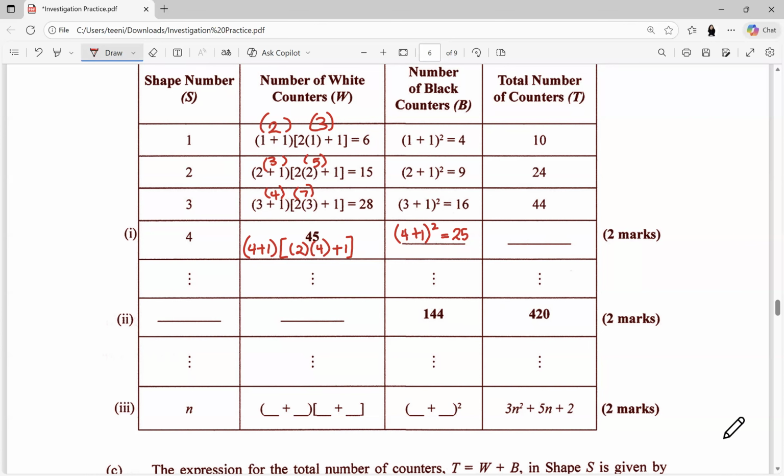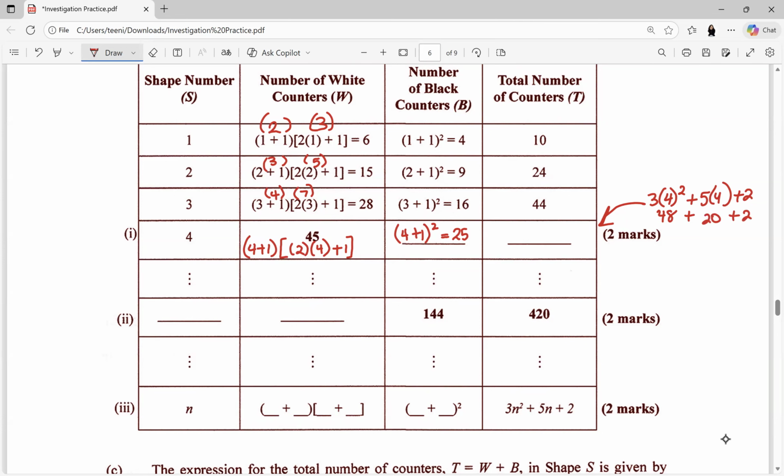So to get the total number of counters, you would have to do 3 times the shape number, in this case it's 4. So 3 times 4 squared plus 5 times 4 plus 2. 4 squared is 16, so 3 times 16, which is 48, plus 5 times 4 is 20, plus 2.